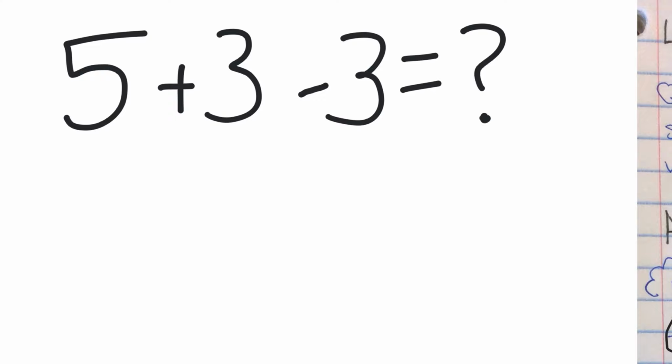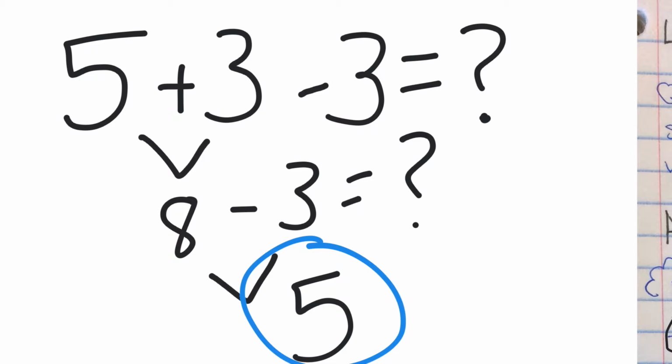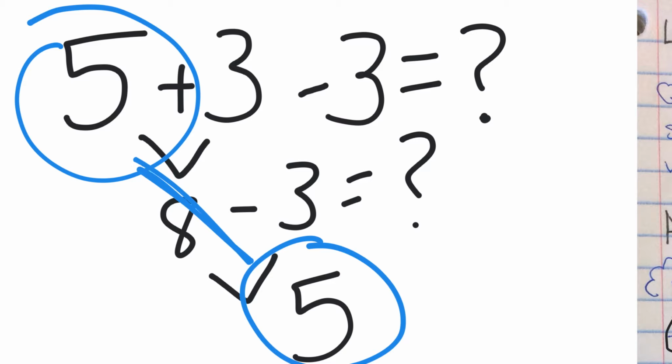Okay. Now, you probably know this right off the bat, but we're going to walk through it a little bit. So 5 plus 3 is 8. Let me bring down our 3. 8 minus 3 is 5. So we are now back to our original number, okay? Because what we've done is we have added and subtracted, which are inverse operations.